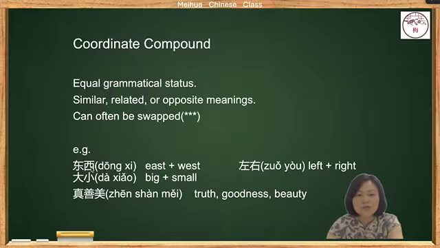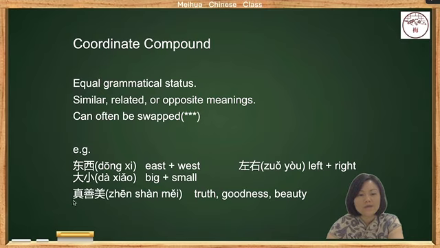But by convention, we don't swap the order here. Usually we call 东西, we don't call 西东. That's by convention, okay? So 左右. 左右, 左 means left, 右 means right. 左右. And 大小, 大小, 大 means big, 小 means small.